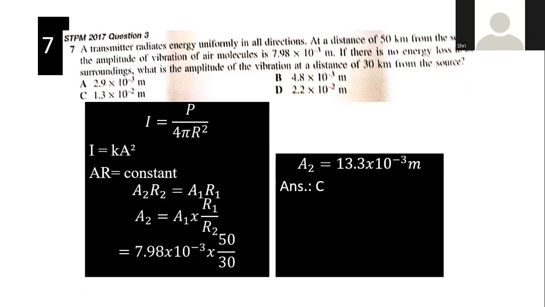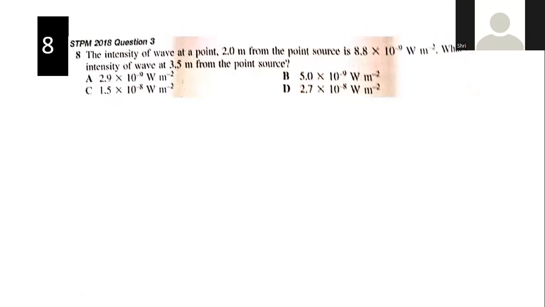Okay. Number 8. The intensity of a wave at a point 2 meters from the point source is given. What is the intensity 3.5 meters from the point source?